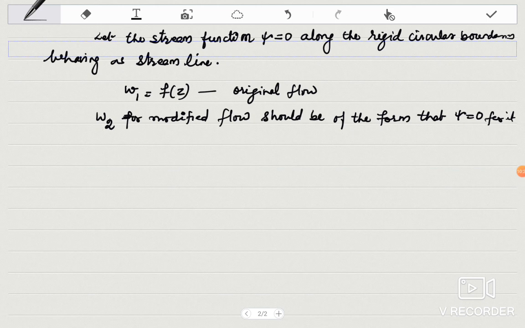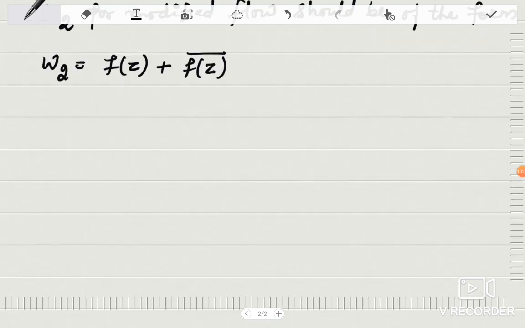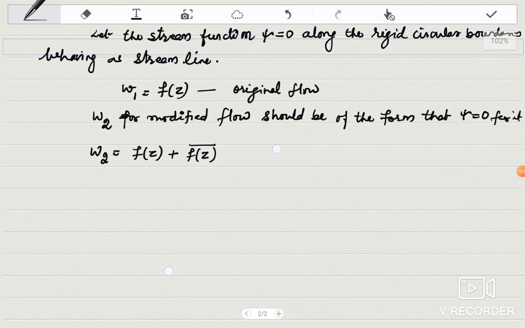Now how W1, expressed as F(z), will contribute in such a way that W2 will become real only. So whatever we are going to add in W2 is W1 as well as the complex potential due to modified flow. So our new W2 will be real only if this is W1 plus, for the modified flow or on introducing the circular cylinder, complex potential of F(z) should be added to W1 so that W2 will become real.